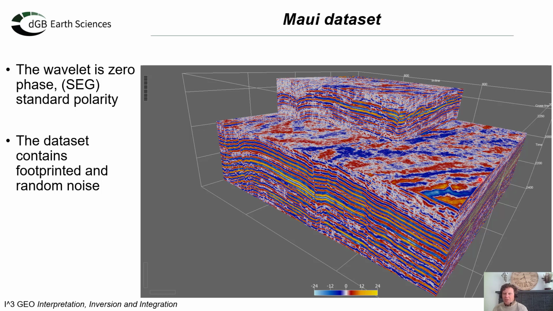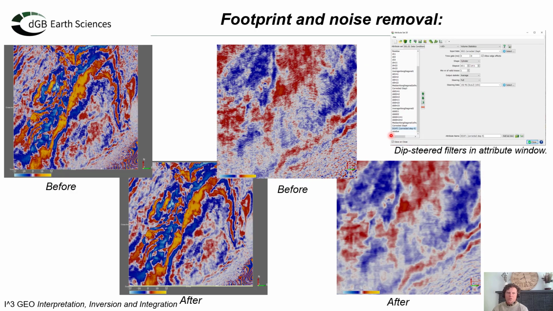So let's have a look at the actual data. The first impression of the dataset is that it, one, has noise patterns, both random and systematic, and two, that the frequency spectrum of the data is not ideal and not representative of the geological frequency spectrum. This is shown in one of the later slides. To address the noise patterns, I built a sequence of structurally oriented filters that are especially designed to remove footprint noise in certain directions.